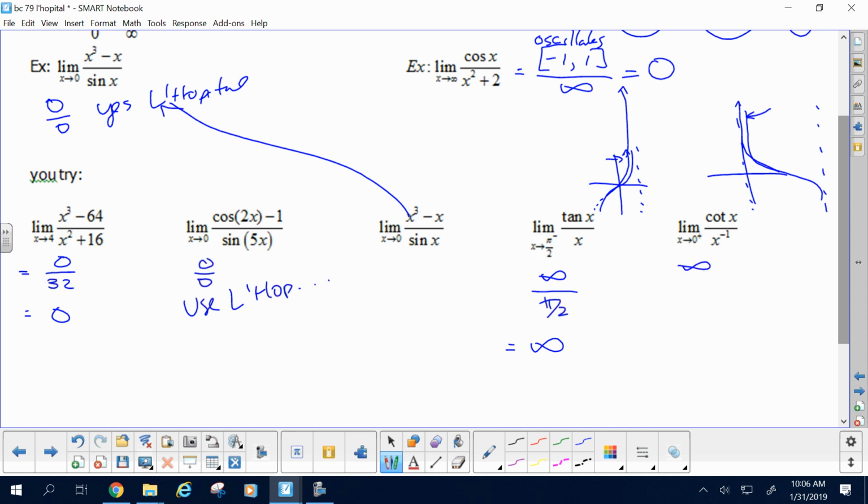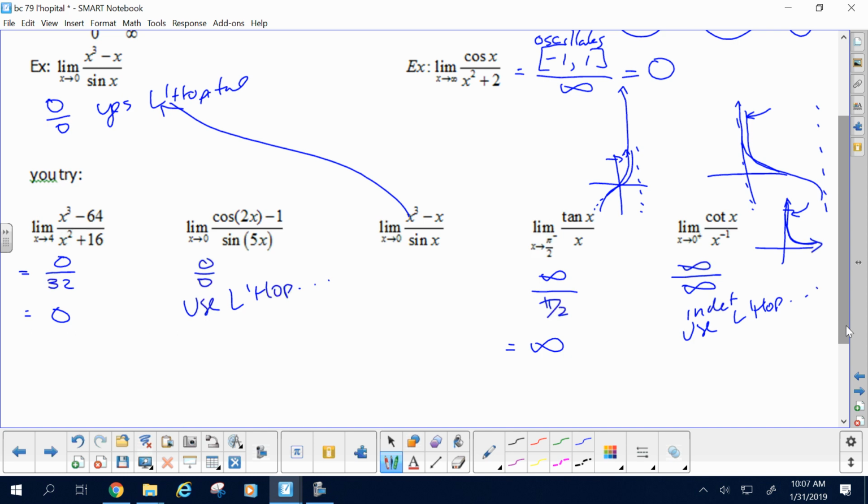What about x to the negative 1, or 1 over x? As x goes to 0, 1 over x goes to infinity. Is that an indeterminate form? Yeah, there are two, 0 over 0 and infinity over infinity are indeterminate. We would use L'Hopital. Okay, that was practice on when to use it.